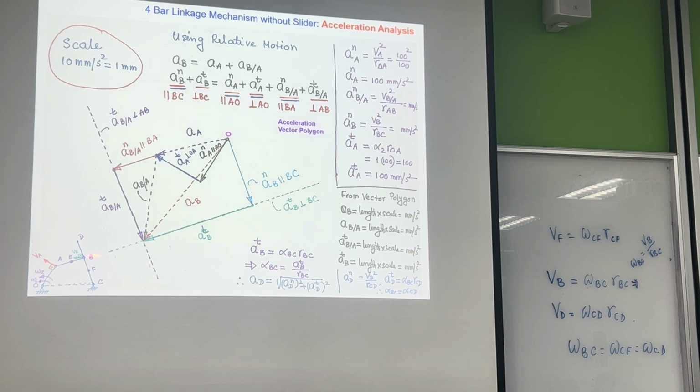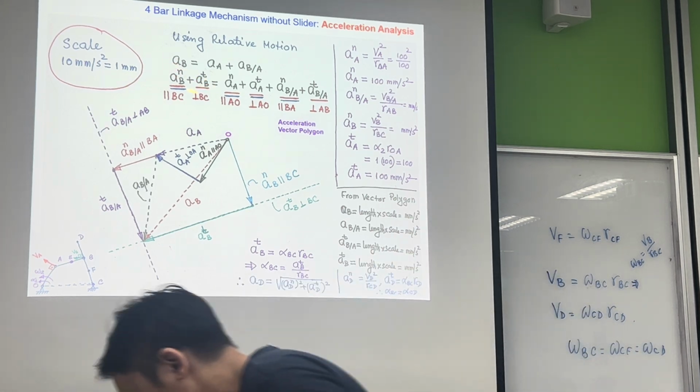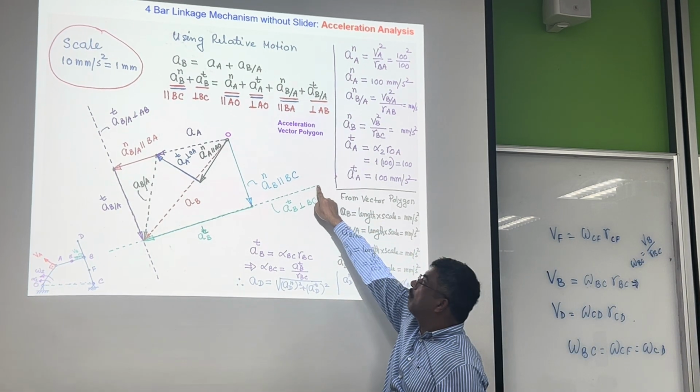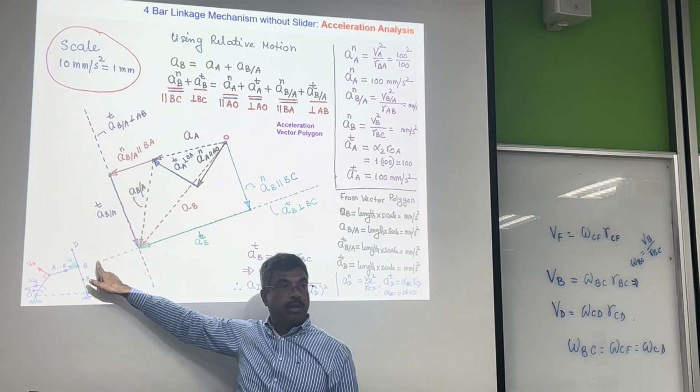I am writing from B towards C, and that is our beautiful line of ABN parallel to B to C. And where it finishes here, our AB tangential is at a 90-degree angle, or perpendicular, to the BC line. So it can go where our ABAN finished here, it can go in that direction, perpendicular to BC, or it can go in that direction. As I am not a superhuman, what I did, I drew a big dotted line from here all the way up to that point. You can clearly see it.